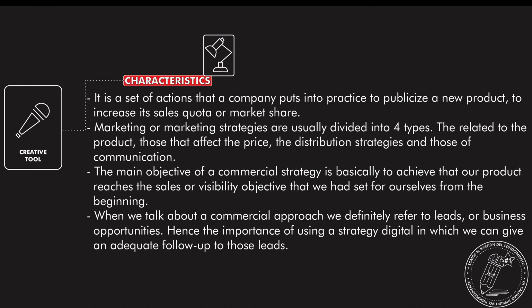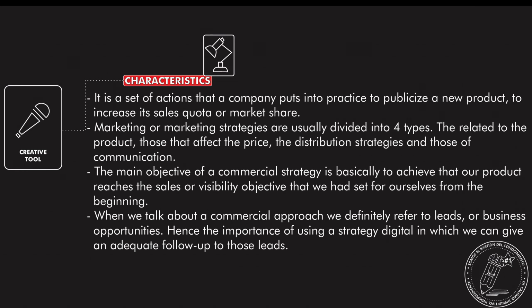Marketing strategies are usually divided into four types. They are related to product, those that are related to price, those that are related to distribution, and those of communication. The main objective of a commercial strategy is basically to achieve a big reach of product and services and get visibility of your brand.